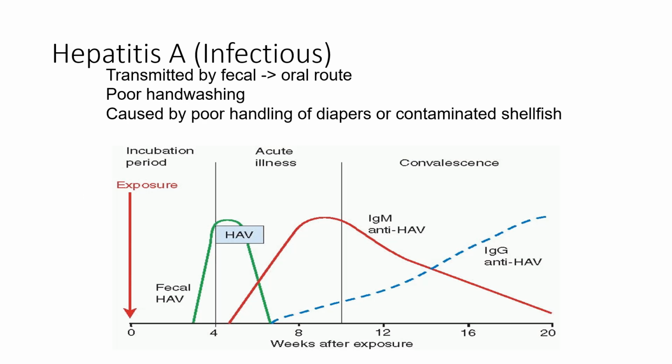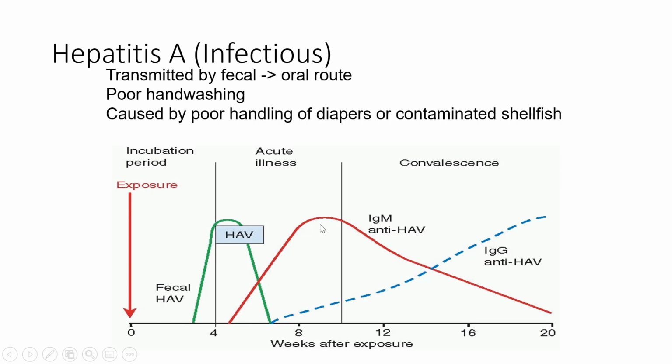Hepatitis A is infectious, as we all probably know. It's transmitted by the fecal-oral route, usually as a result of poor hand washing, poor handling of maybe diapers or contaminated shellfish. And so there you have your incubation period, 0.0 exposure. Then you have presentation of the symptoms with acute illness here.